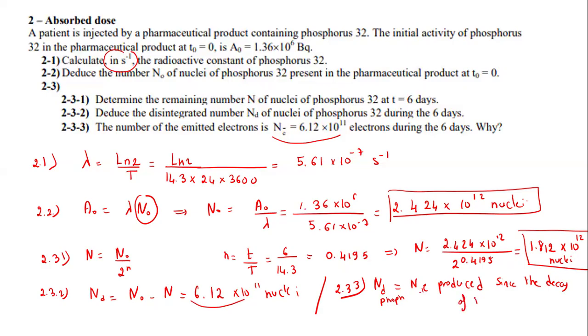The decay of one phosphorus produces one electron only.